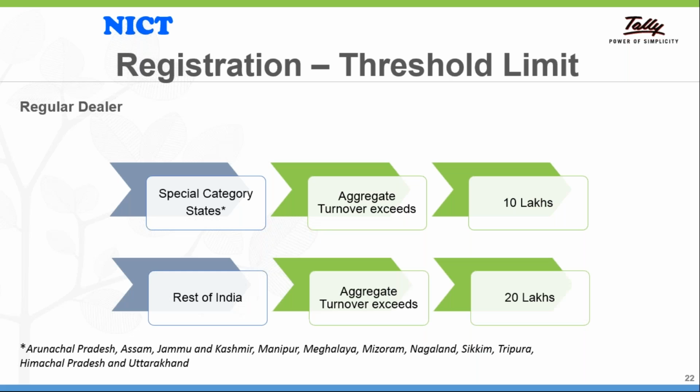He will come under a regular dealer. And for the rest of India, whoever's aggregate turnover in a financial year exceeds 20 lakhs has to mandatorily register under GST. So this is the threshold limit for these dealers. Just take this note.